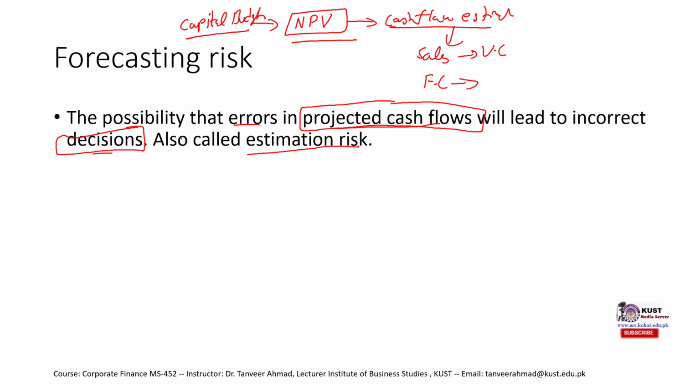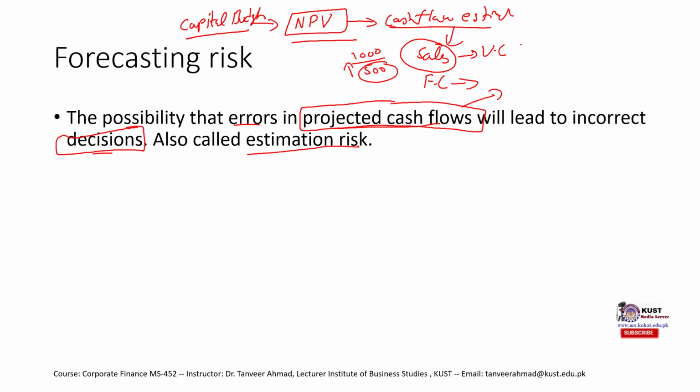So obviously, if our cash flow estimation was incorrect, if we overestimated sales, for example, if we estimated that our sale would be 1000, but it actually turned out to be 500, so we overestimated the sales.